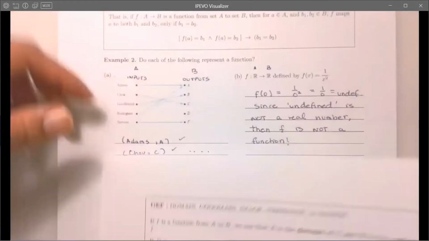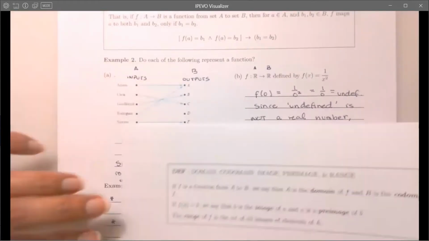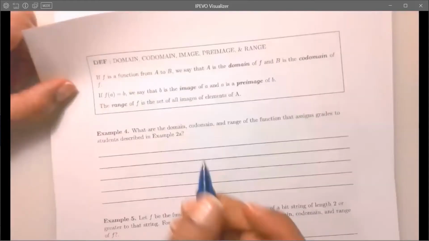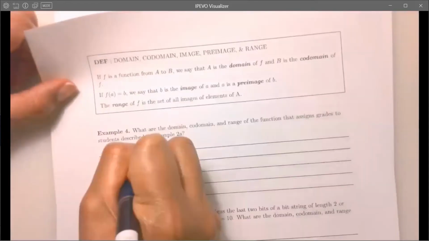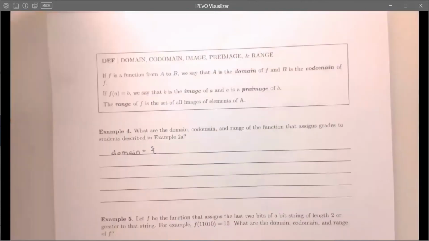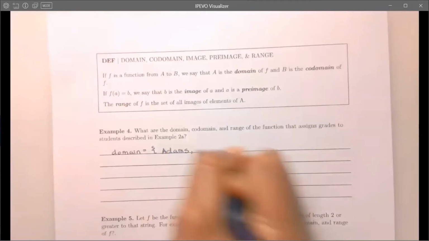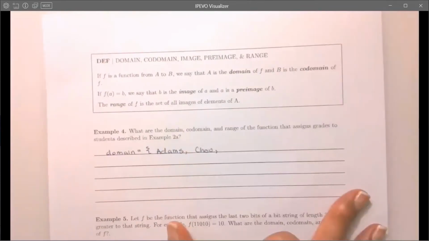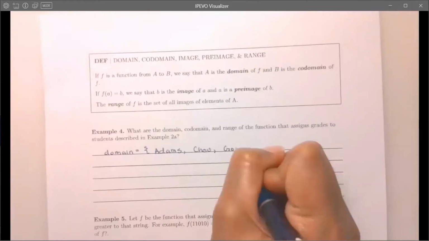And if we're looking at domain, domain would be the set of all inputs. And those were the students' names. So that would be Adams, Chow, Goodfriend, Rodriguez, and Stevens.